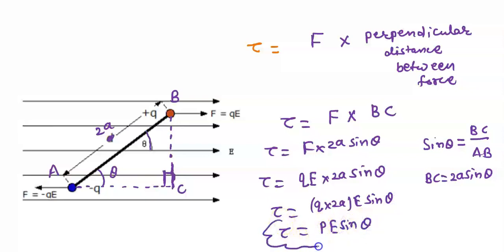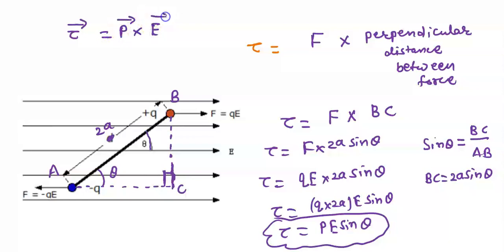So this is the expression for the torque which is acting on the electric dipole kept in an electric field. As far as the vector form of this is concerned, we can write tau vector equals P vector cross E vector. This is how we can represent it.